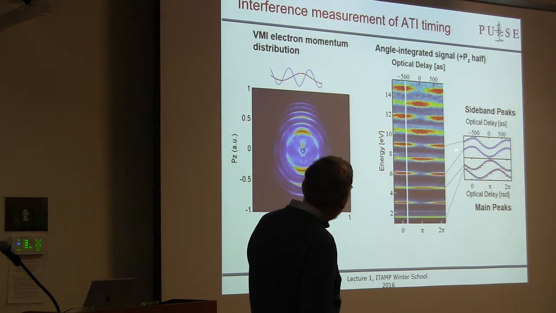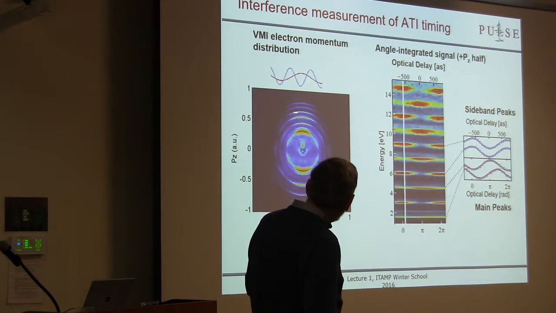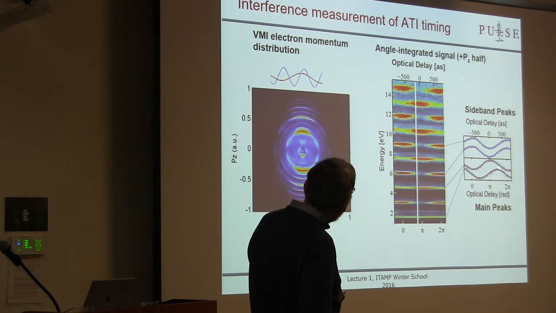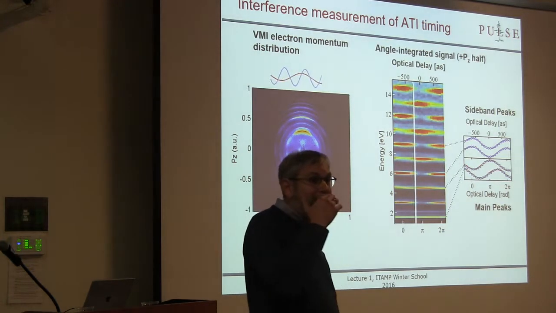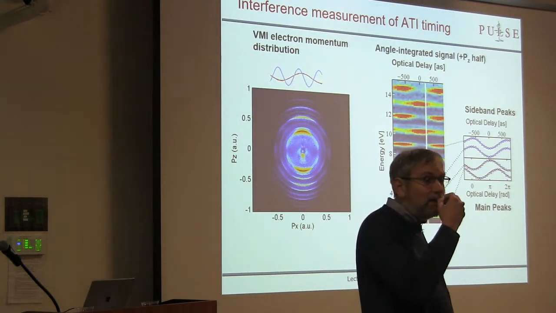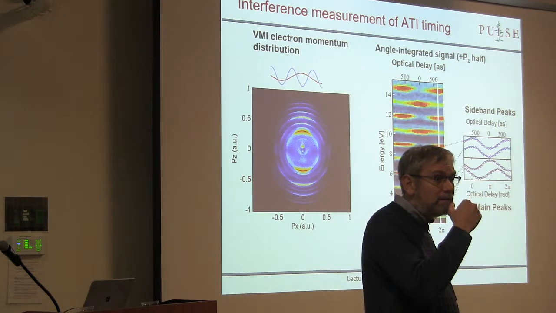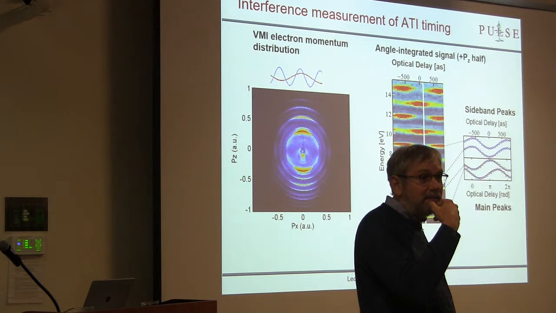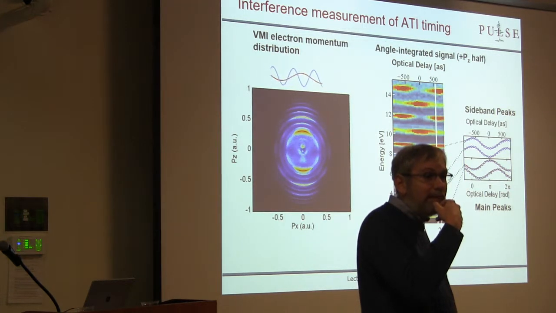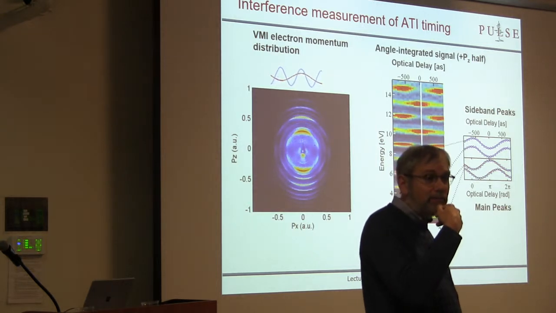And we see that these different ATI peaks and these little sideband peaks in between that come and go with phase all have different times, different phases when they add up. So now you begin to see the method here. We're really trying to find out if the low energy ATI peaks have a different phase offset from the high energy ATI peaks because they're produced at a different time, is the idea.